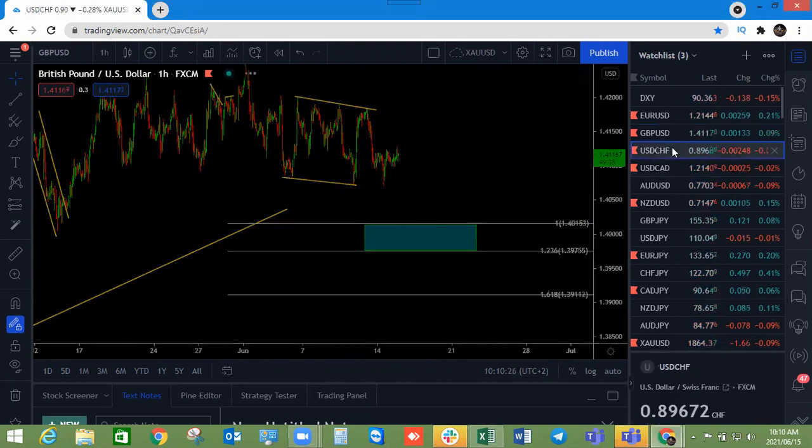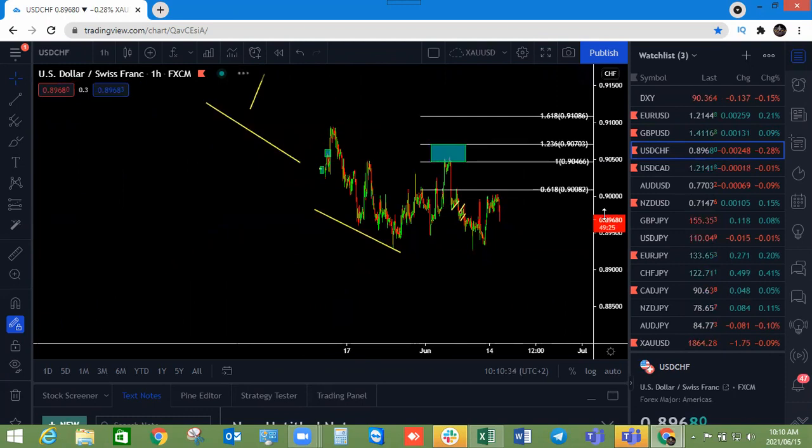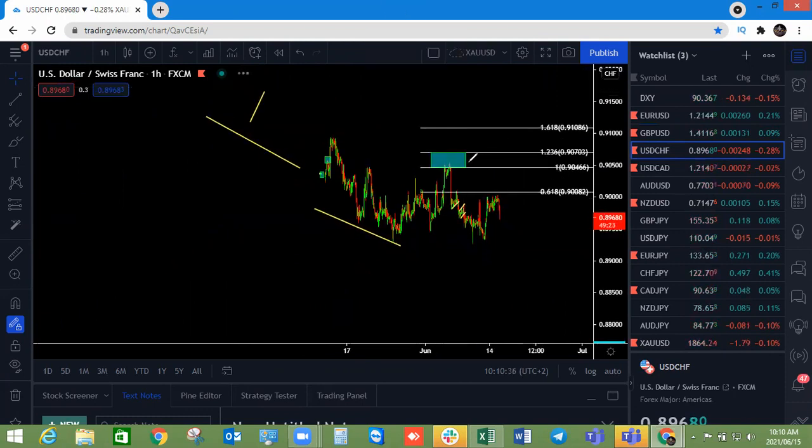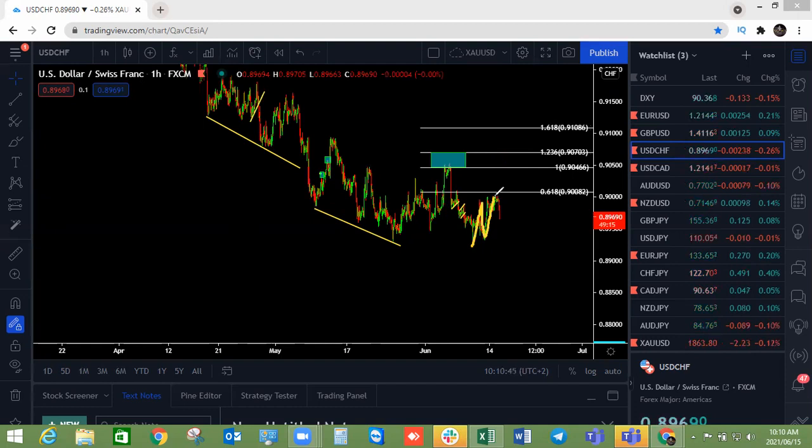US dollar chief will obviously track the DXY. So US dollar chief, we did not get quite the retrace that we wanted. We wanted a flat correction here, but instead we can see that it has now simply made a continuation pattern here. And we're looking for this one to continue to the downside as follows, and follow the euro.